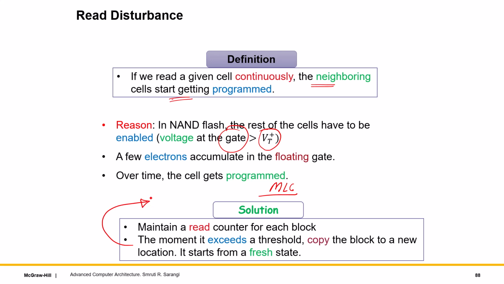This ensures that whatever little bit of spurious programming has happened will all get discarded. That is why we move the block to a new physical location and start from there. And needless to say, the mapping table is changed.